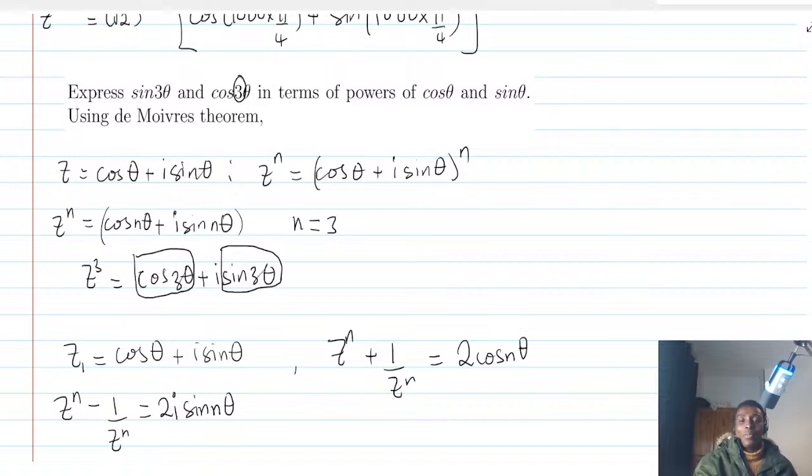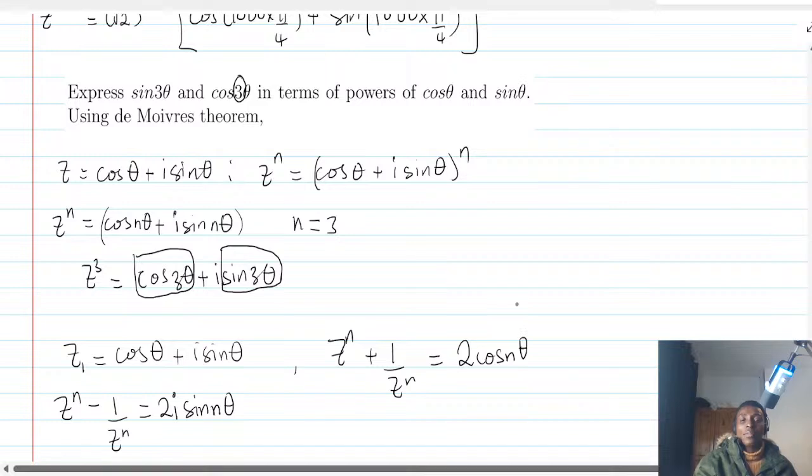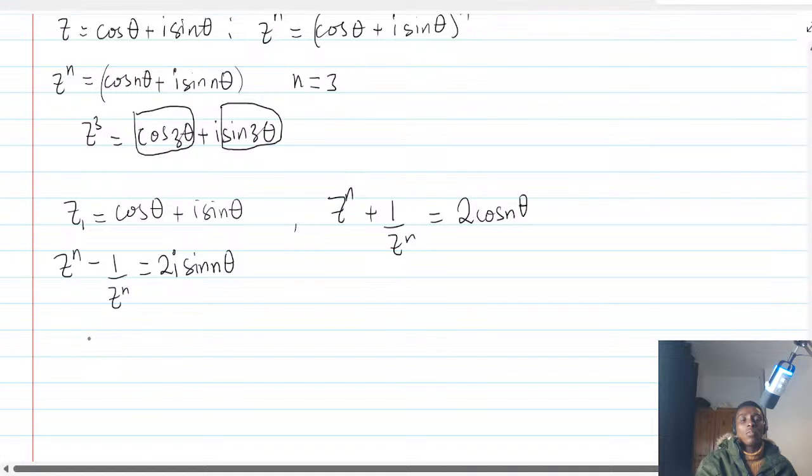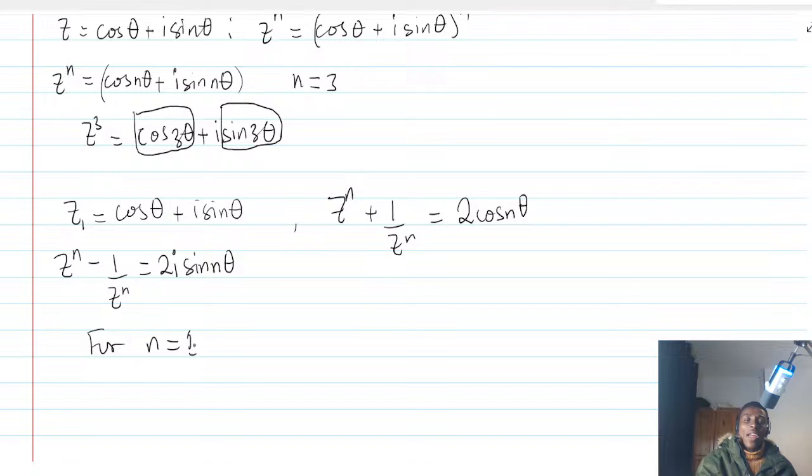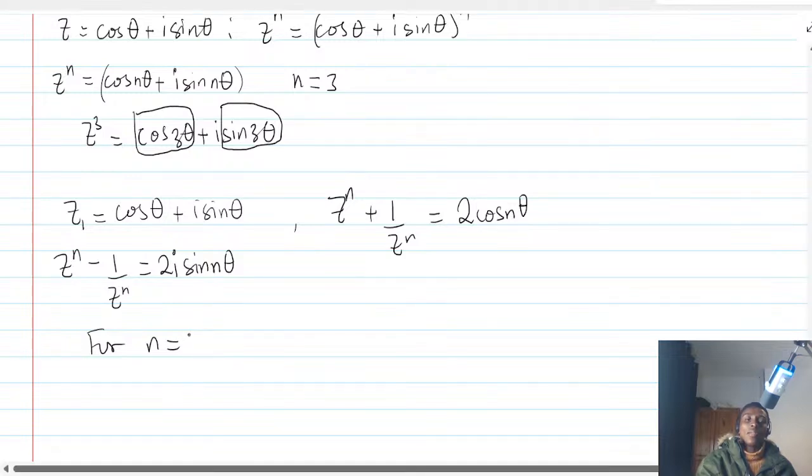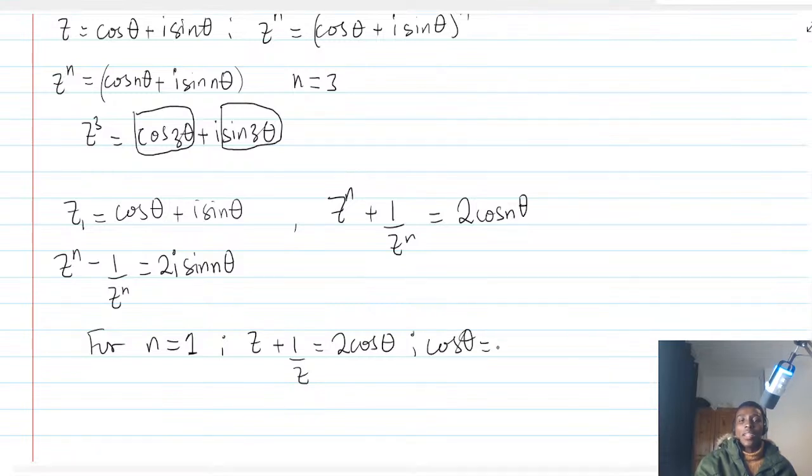So having known this, what again can we say? A special case is where n is equal to 1. For n equals 1, we have z plus 1 over z to be 2 cos theta. In other words, cos theta is 1 over 2 multiplied by z plus 1 over z.